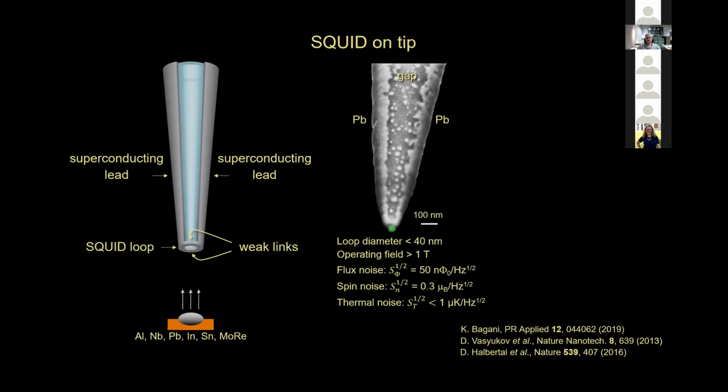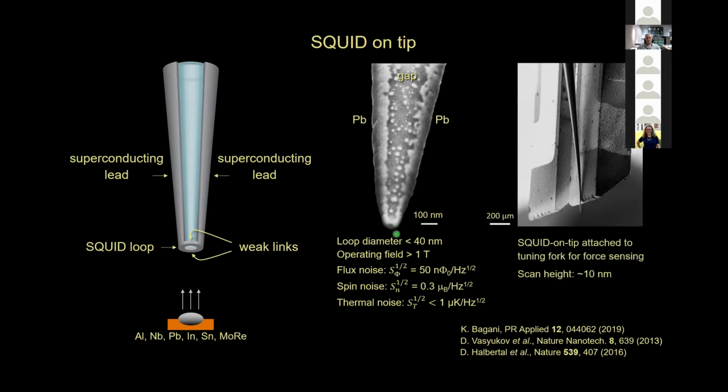So in order not to crash into the sample, we attach the squid on tip to a quartz tuning fork, as you can see here in the SEM image. And we trace the resonant frequency of the tuning fork, and when the tip approaches the sample, we can sense it like in an atomic force microscope, which allows us to scan the surface a few tens of nanometers above it.